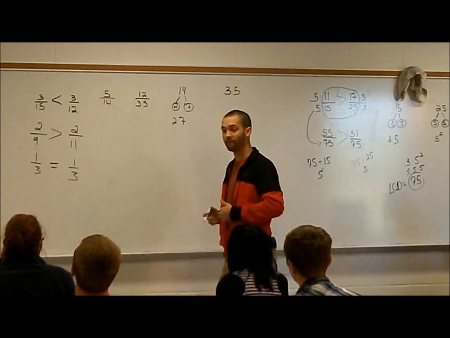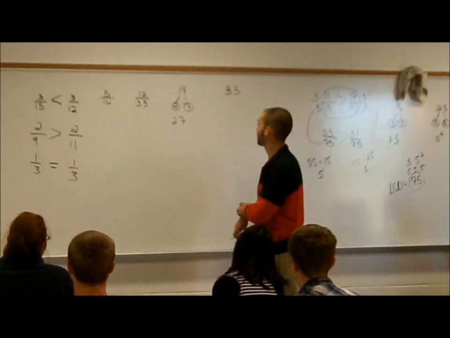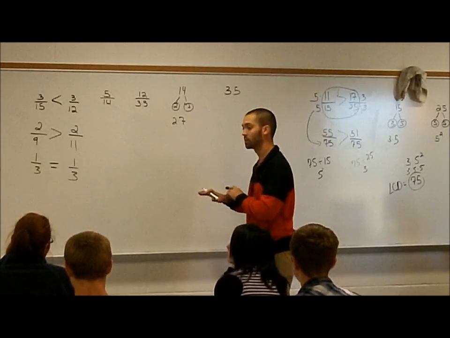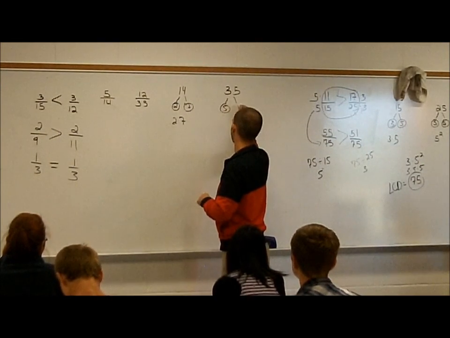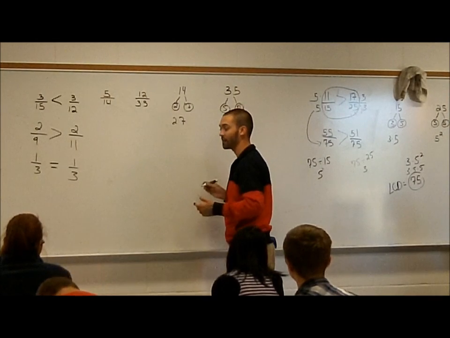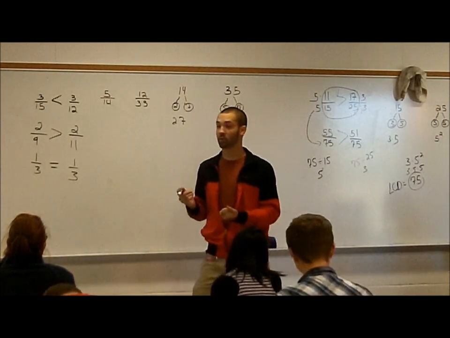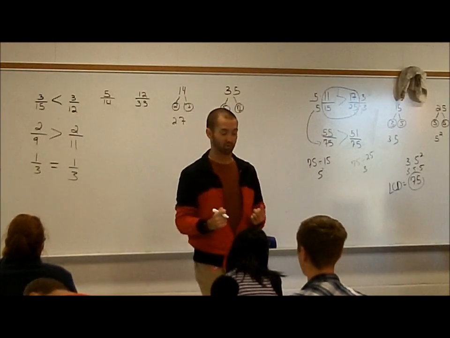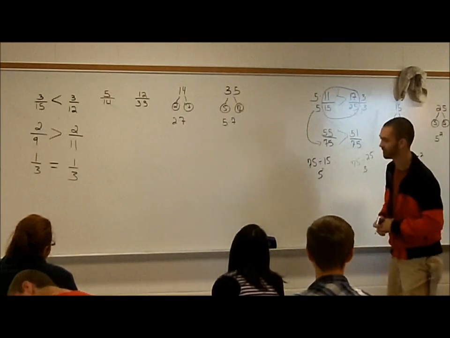That's what we call the prime factorization. Then, what does 35 break down into? 5 and 7. So what's my prime factorization for 35? Good. We're awesome at factor trees. But we've got to find the LCD.